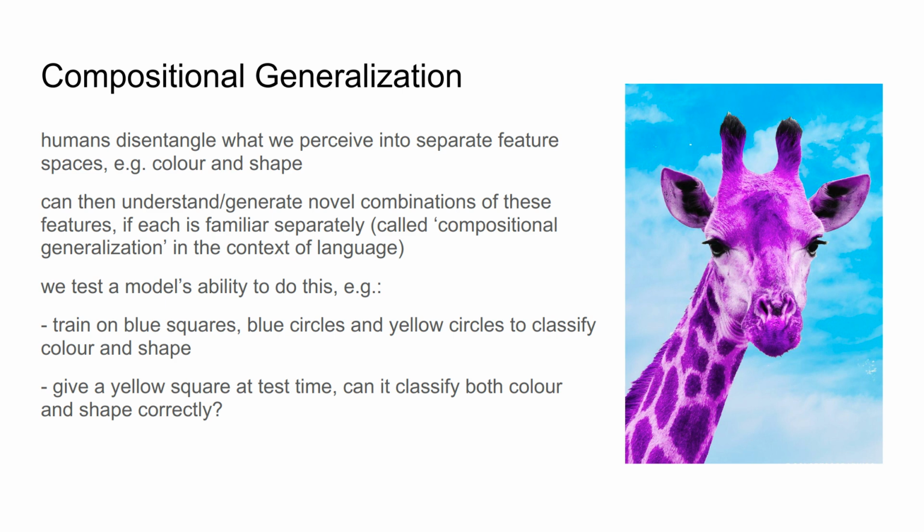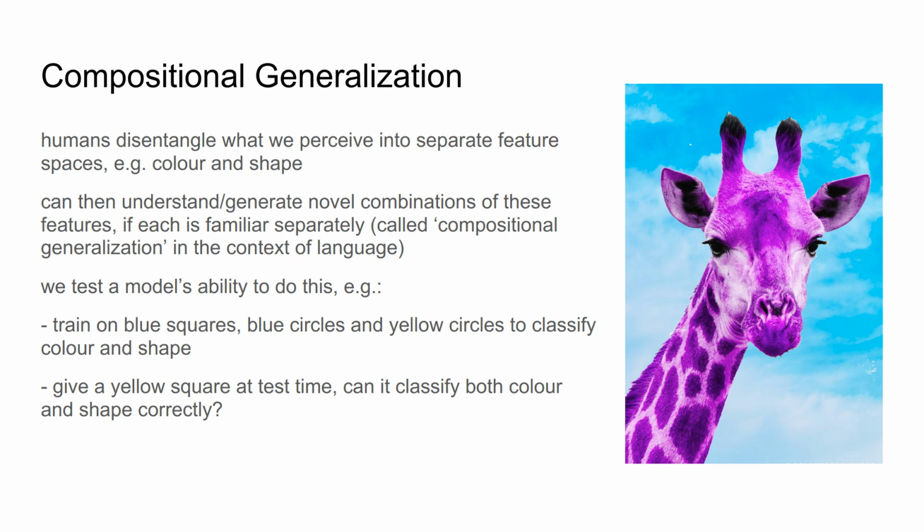But if it's learned some entangled version of color and shape where they're both on top of each other, then this yellow square is, you might say, out of distribution, and so it shouldn't be able to classify both correctly. That's the downstream task, and we measure how well each model can do that.